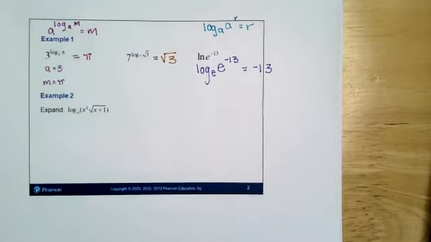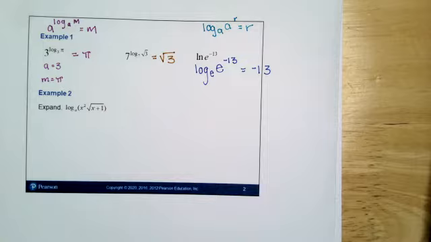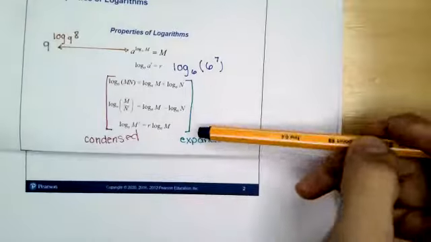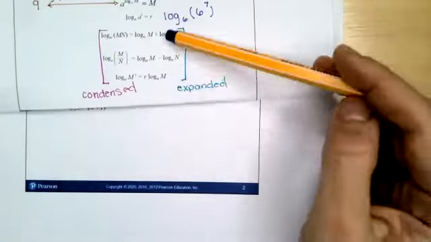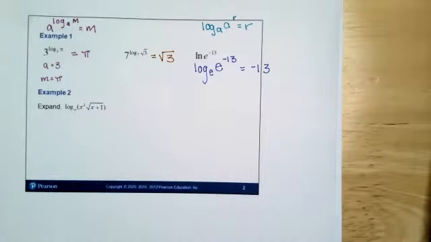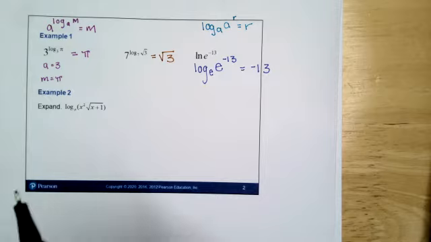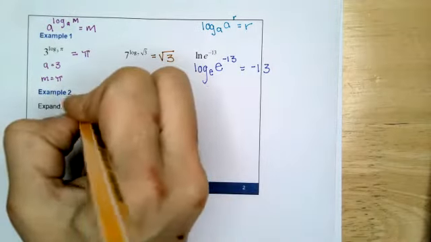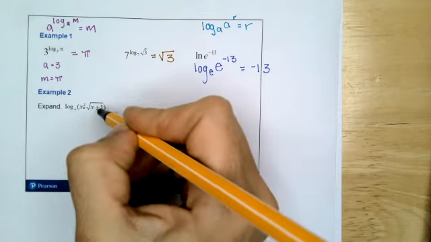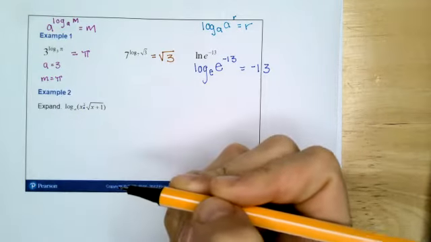Example 2 is a little bit more complex, right? We are going to now expand. Remember, we are using these rules to expand. This is the condensed version. We're going to expand it. We have log base a of x squared times the square root of x plus 1.